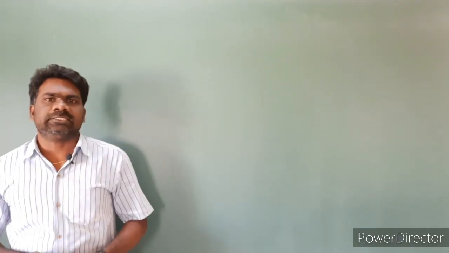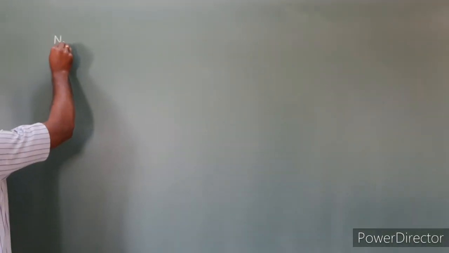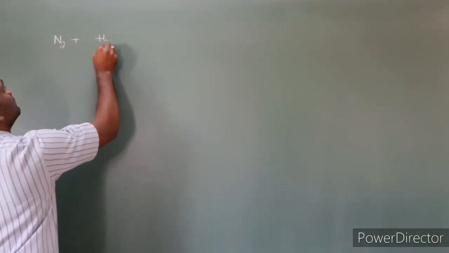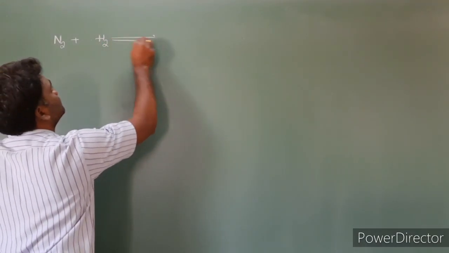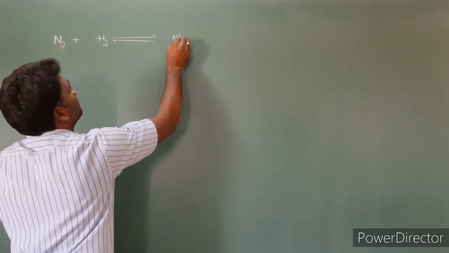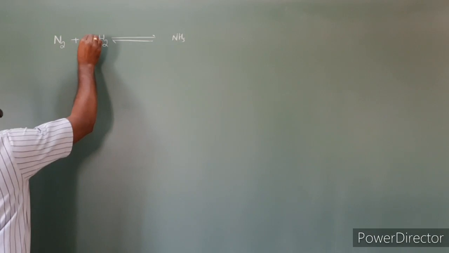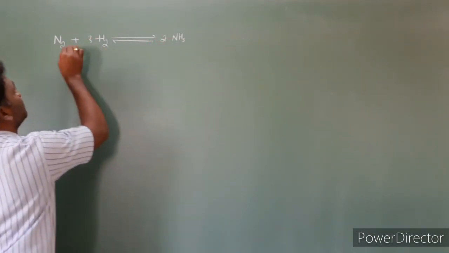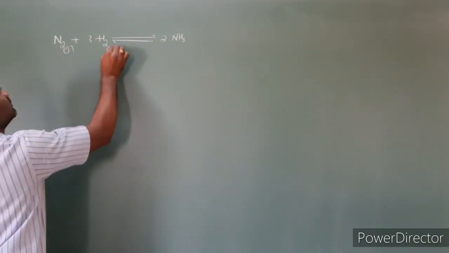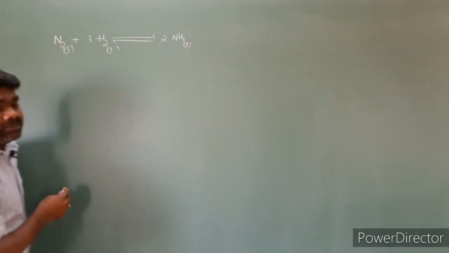Next, let us write the Kc for some reactions. I am taking the reaction N2 plus H2 gives rise to NH3. We have to balance it: N2 plus 3H2 gives 2NH3.